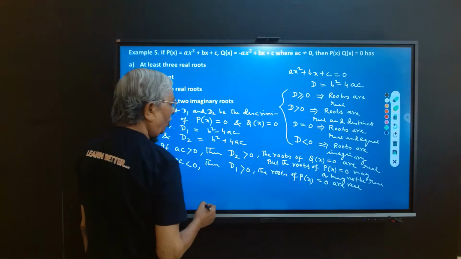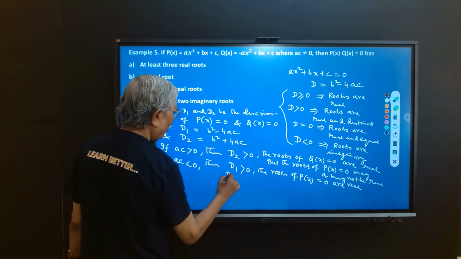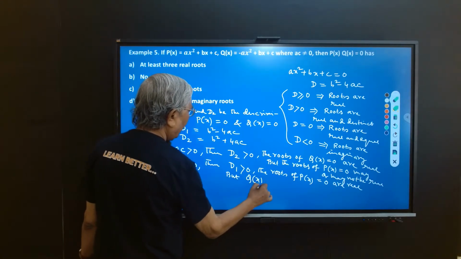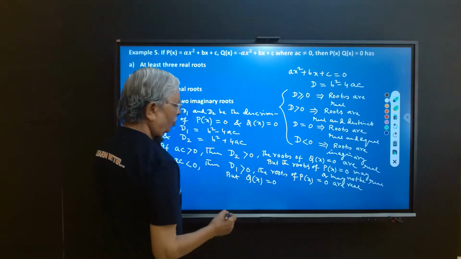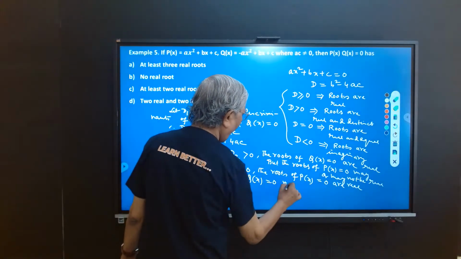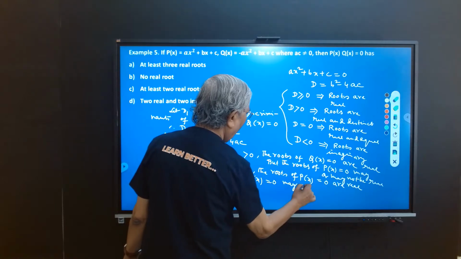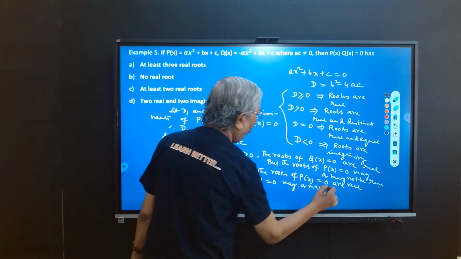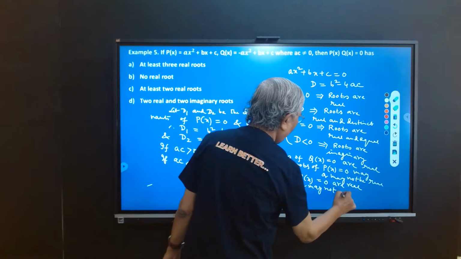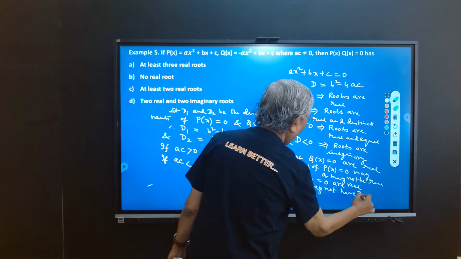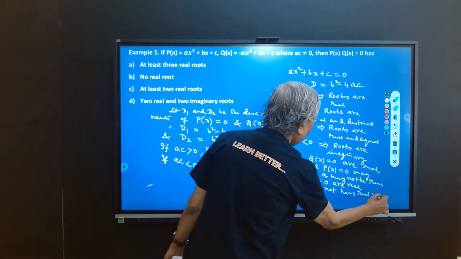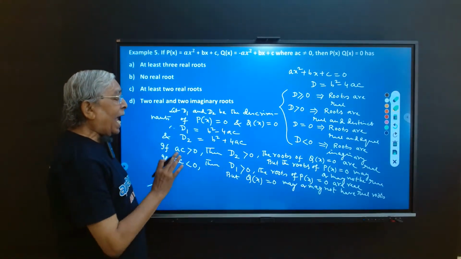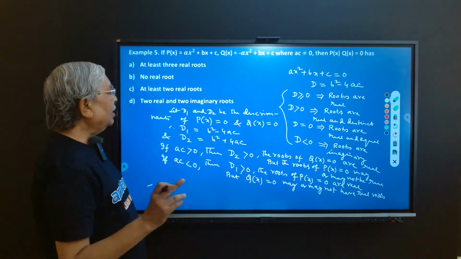In this case also, we can say that the equation Qx is equal to 0 may or may not have real roots. So what is the conclusion? In both the cases, at least two roots must be real.